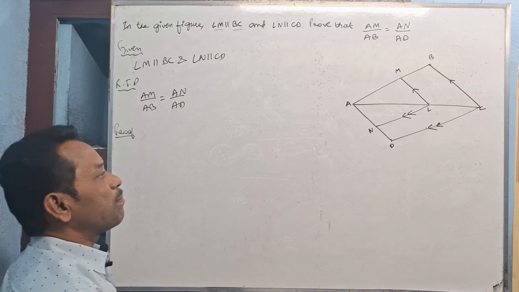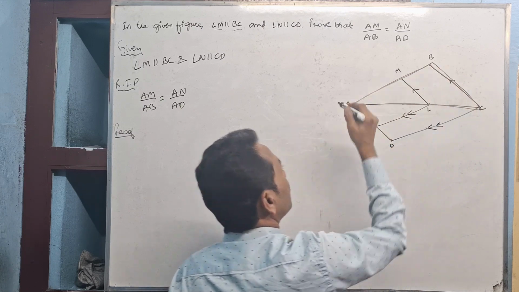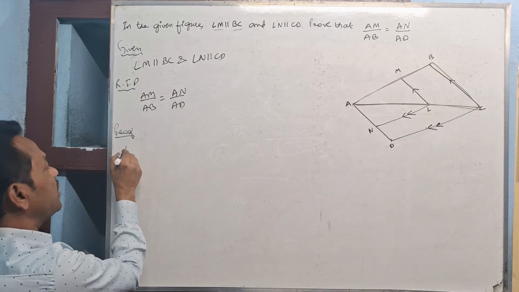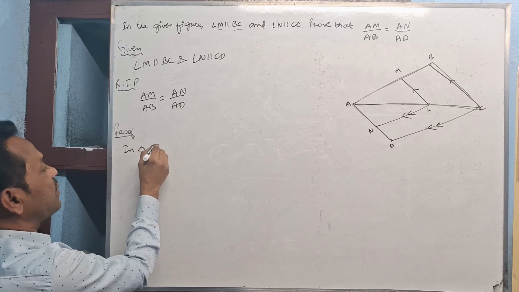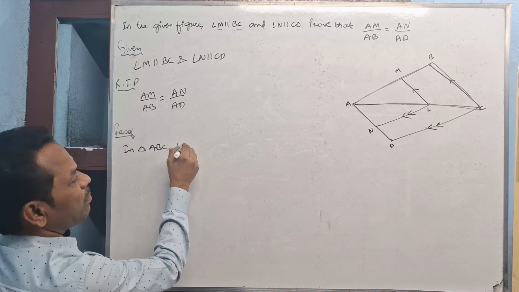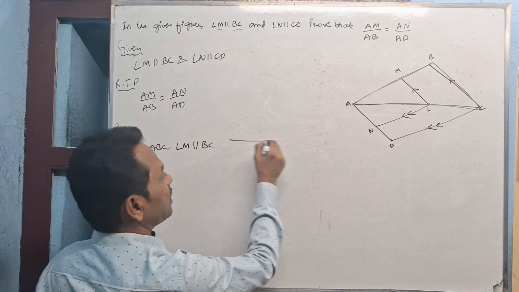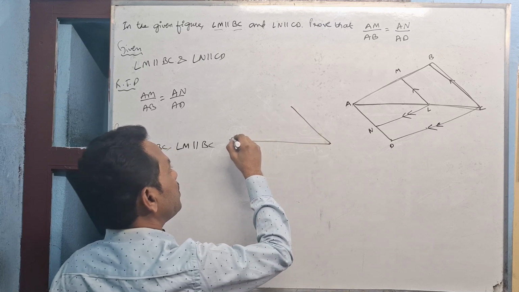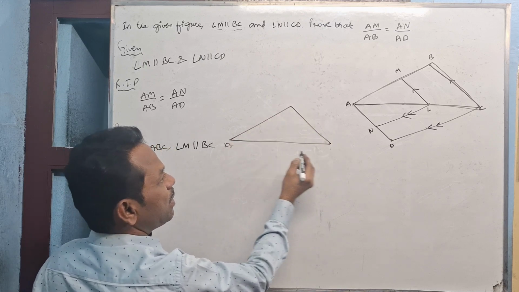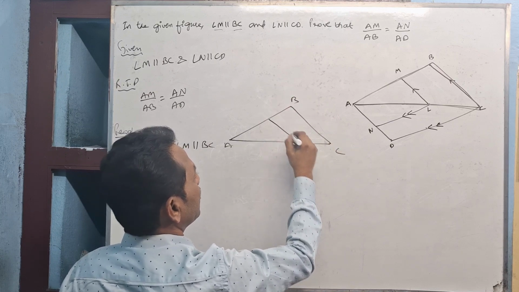Let us take the upper triangle first. Let me take this triangle ABC. First I'll start with triangle ABC. In triangle ABC, LM is parallel to BC. Let me draw the triangle here, so that it will be easy for you if you draw the figure. A, B, C. Now this is LM.